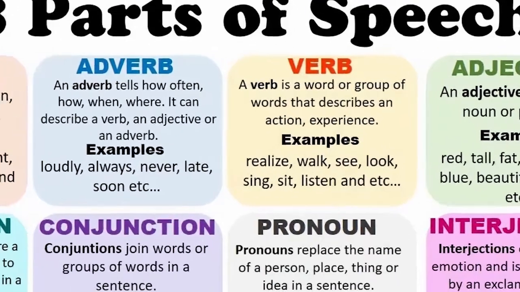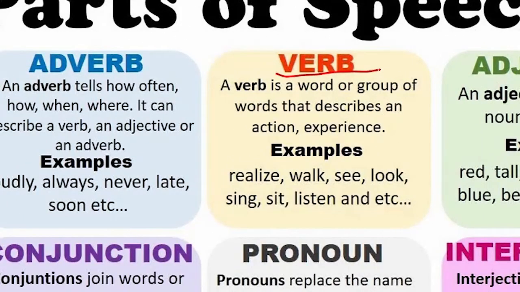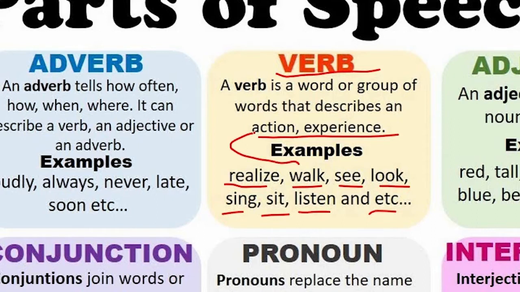Now look at the verb here. A verb is a word or group of words that describes an action or experience. Examples are realize, walk, see, look, sing, sit, listen, etc. Actions are physical movement, in which we actually physically move, like walk, sit, sing.